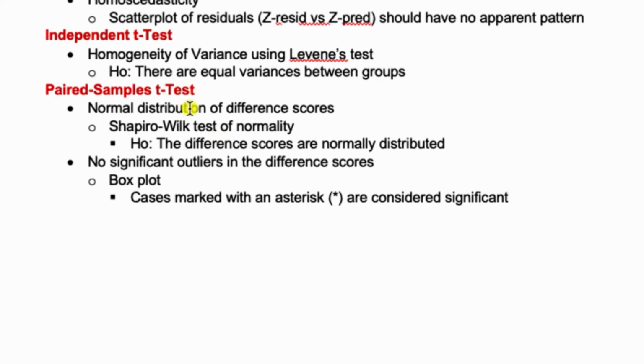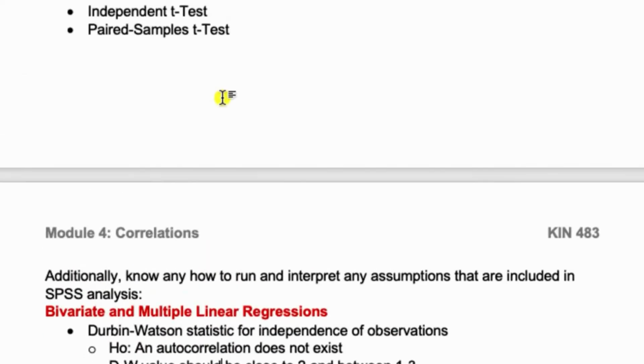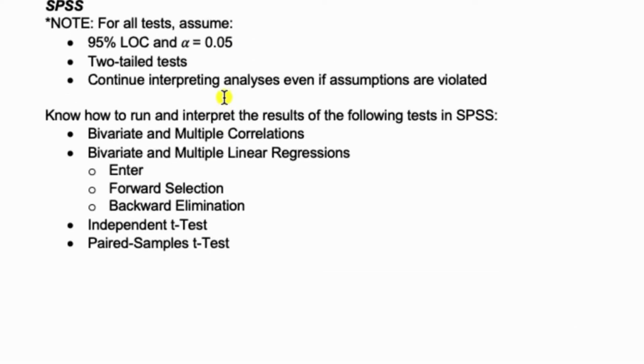So for all of our tests, and I have notes on this in the review questions, whether you meet your assumptions or not, don't worry about if you have violated something. Usually there's a correction built into the test, and we've looked at different ways to sidestep any violations. But if there are violations, just keep running through the test.